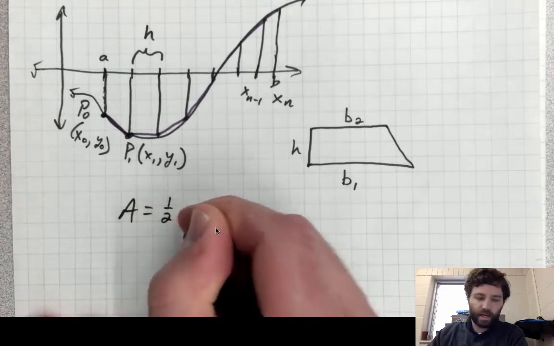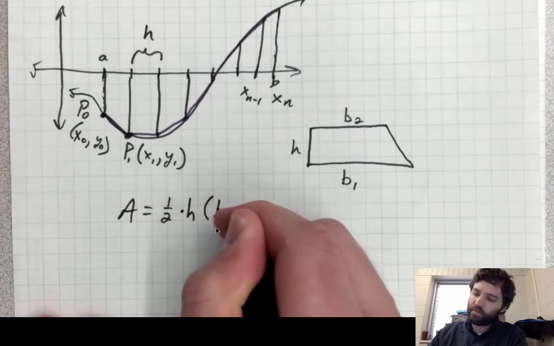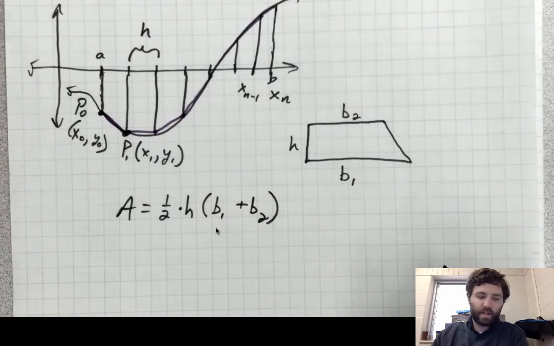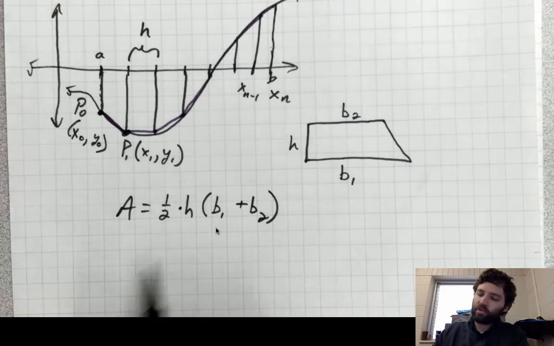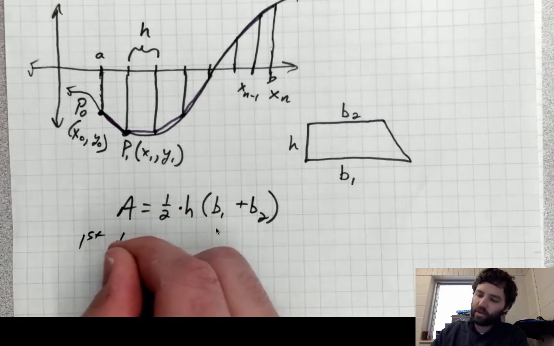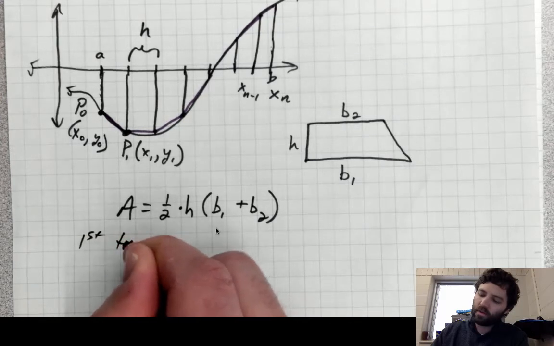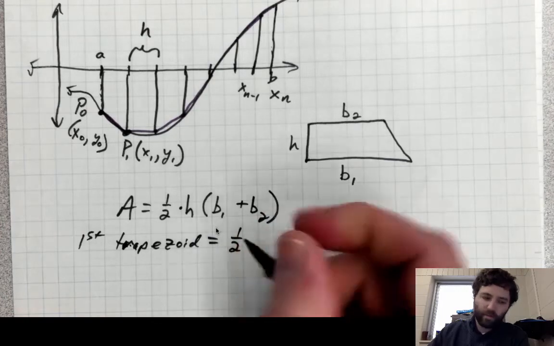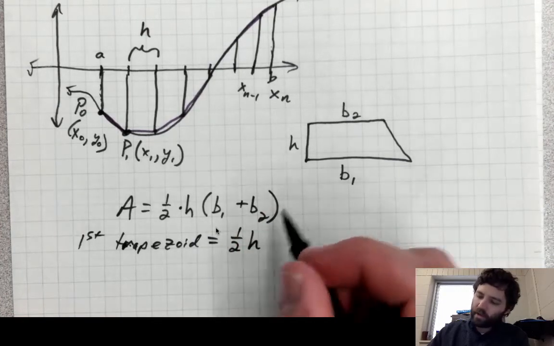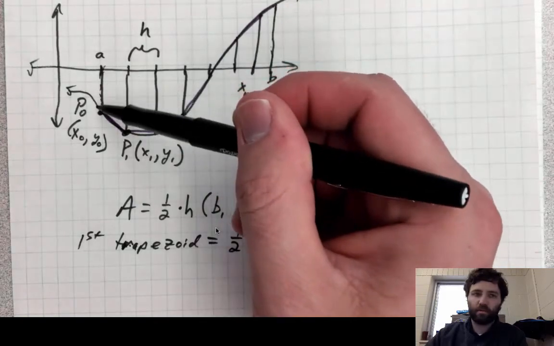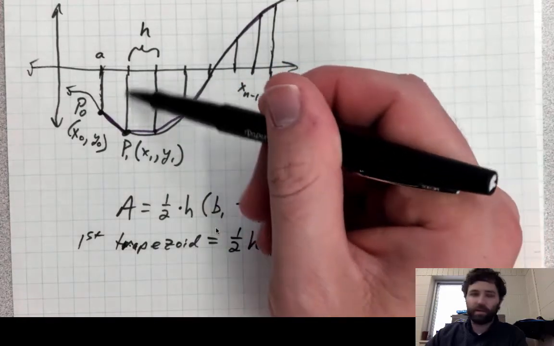1/2 times the height times b sub 1 plus b sub 2. And so the area of the first trapezoid would be equal to 1/2 the height, which we are calling h, times b sub 1 plus b sub 2. Well, that would be y sub 0 plus y sub 1.